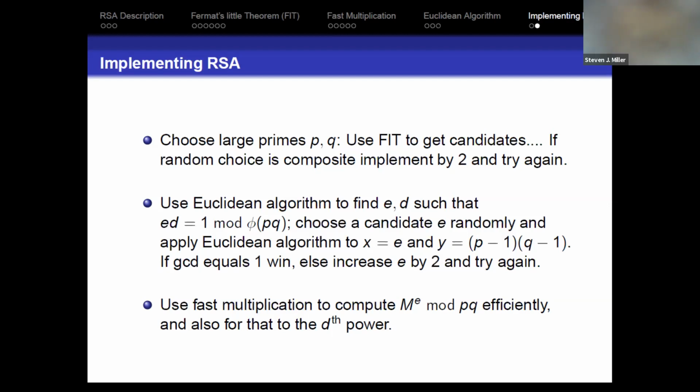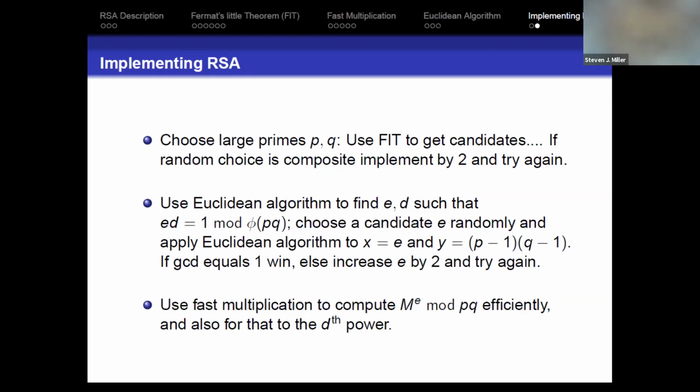So this is what happens if the number E turned out to be relatively prime to P minus 1 and Q minus 1. I'm searching for a number D such that E times D is 1 mod phi of pq. I can rewrite this as A times E is equal to 1 minus B times P minus 1 times Q minus 1, or A times E is 1 mod P minus 1 times Q minus 1.